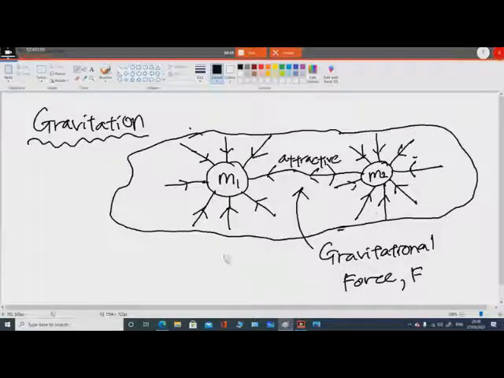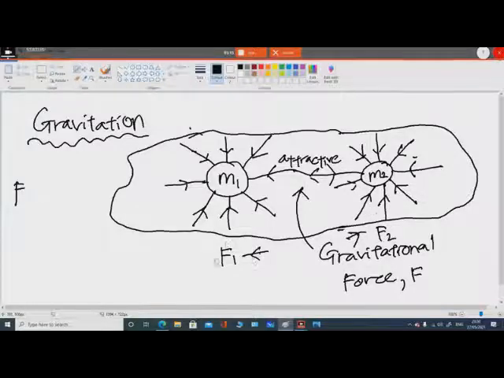So F1, this one will be F2. As you can see, F1 is pointing towards this direction. This is because M1 is always attractive. As for F2, F2 is always pointing toward this direction. It means that M2 is also attractive.